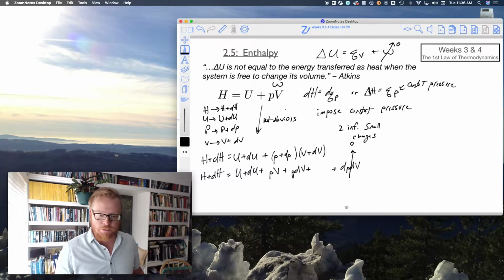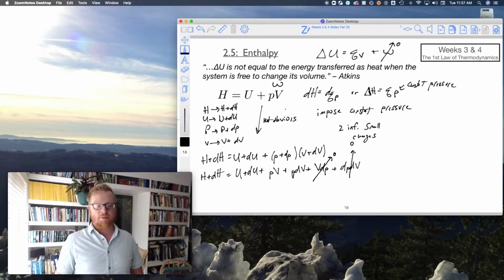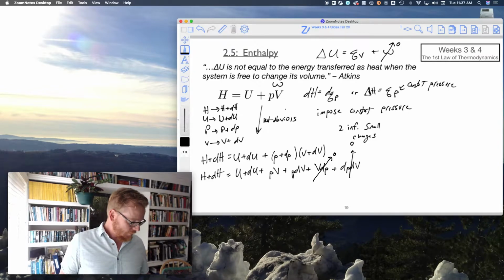So that term should have been VdP. So first outside, inside. So that inside term should have been VdP. And because I'm imposing constant pressure, I'm also going to say that dP drops that term out to 0. And so what I'm left with is the following.